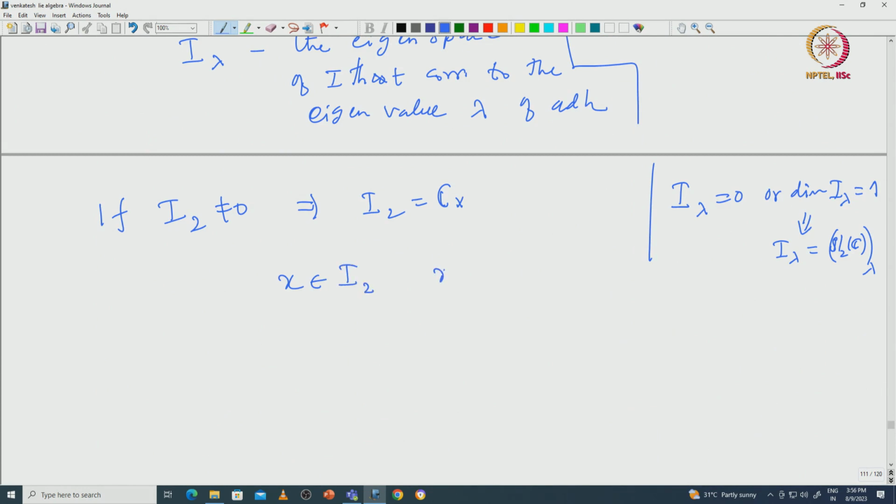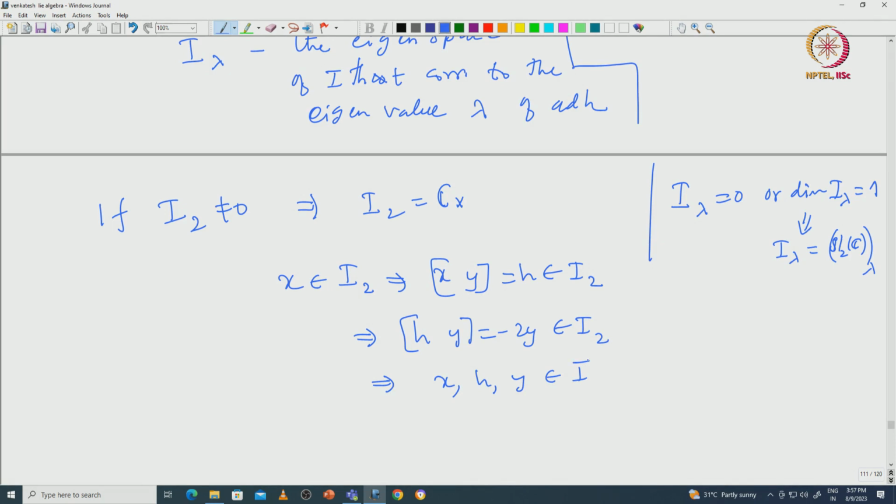Once x is in I, the bracket [x, y], which is h, is also in I, and then the bracket [h, y], which is minus 2y, is also in I. So x, h, y are all in I, and that implies I is SL2C.